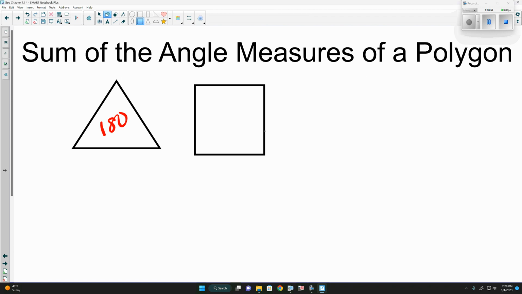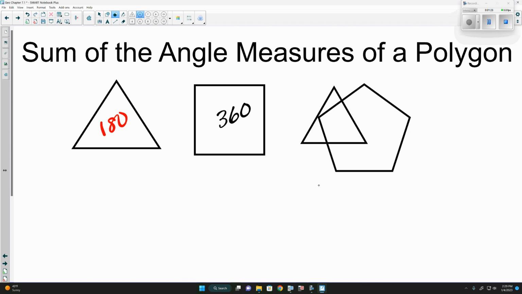How about a rectangle or a square? Now, if we look at shapes, there we go, 5.